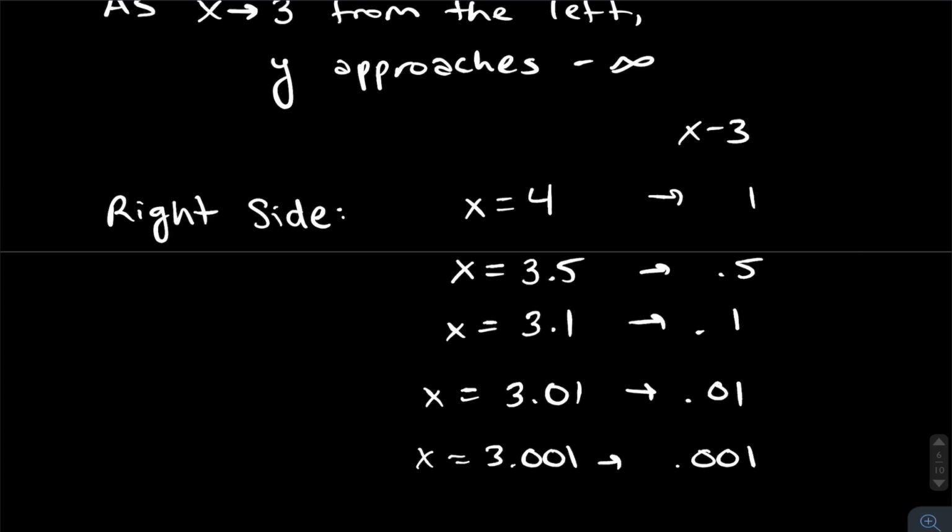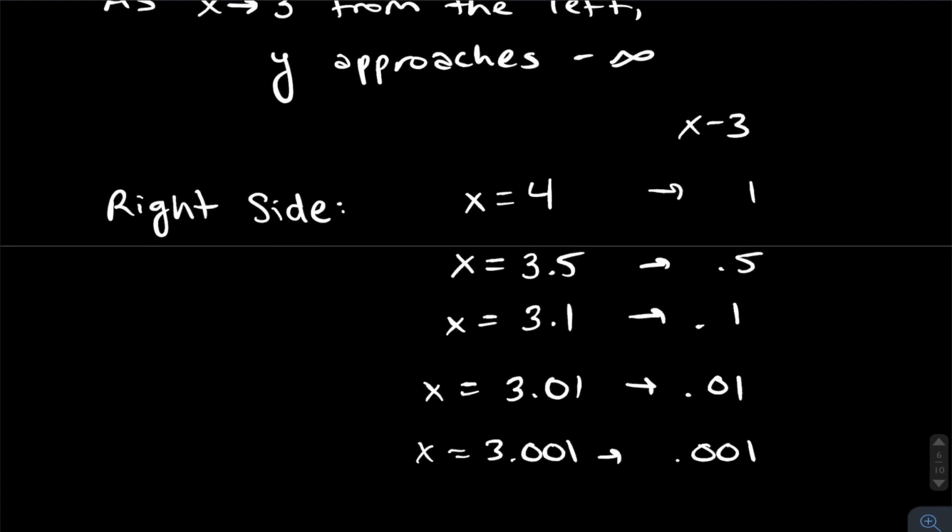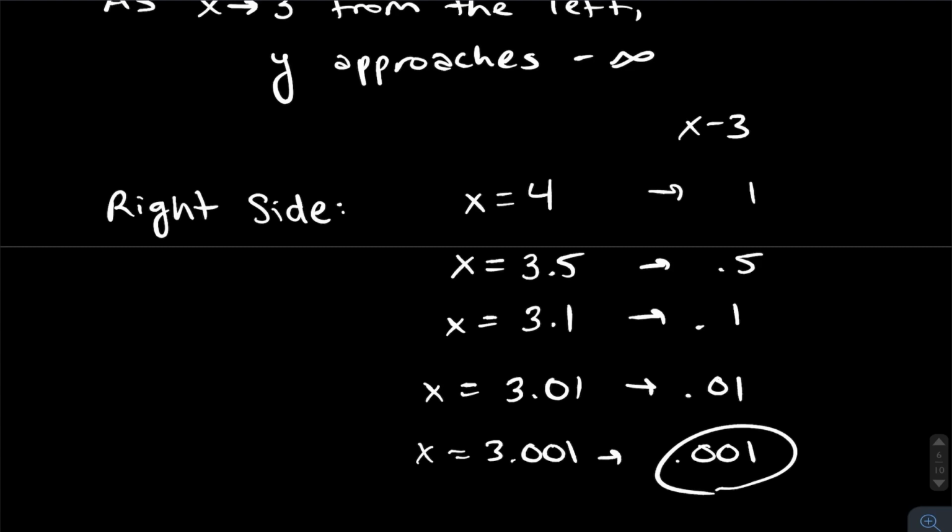Okay? As x is getting closer and closer to 3 from the right side, from the positive side, this thing is going to blow up again. This denominator is going to keep getting smaller and smaller, and so this entire fraction is getting bigger and bigger.